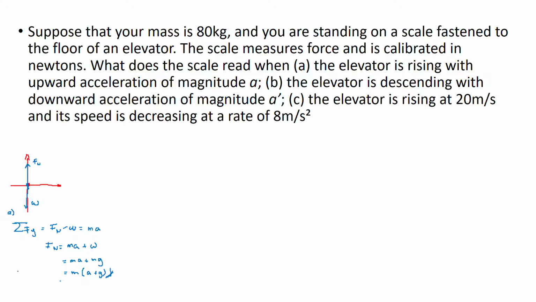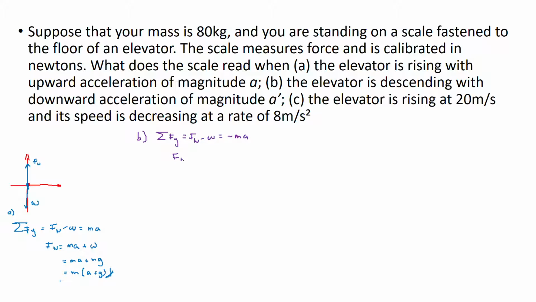For the second part, let me just change colors, maybe purple. And well, here, what happens when the elevator is going down? So once again, we have the sum of the forces in y, and well, we have the normal force going up and the weight going down. But as we're going down, the acceleration is negative, so it's mass times acceleration, and we need to solve for the normal force.